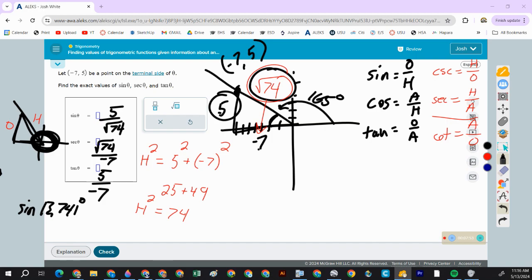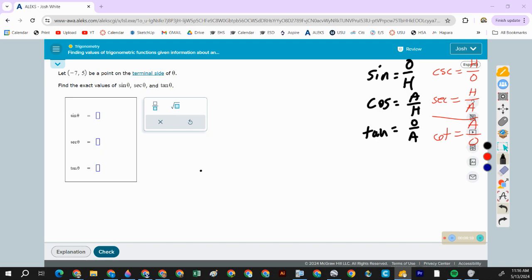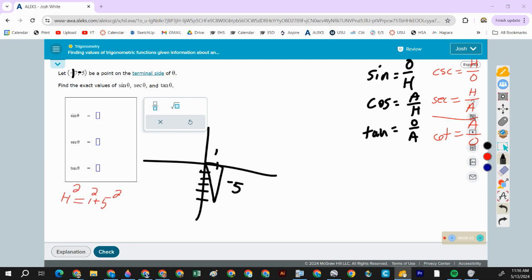Okay. So let's do another one of these. Let's save this stuff. All right, so let's say that the terminal side was 1, negative 5. So 1, negative 5, right there. So I draw my reference triangle. My x value is 1, and my y value is negative 5. So now I need to find h. H squared is equal to 1 squared plus 5 squared.